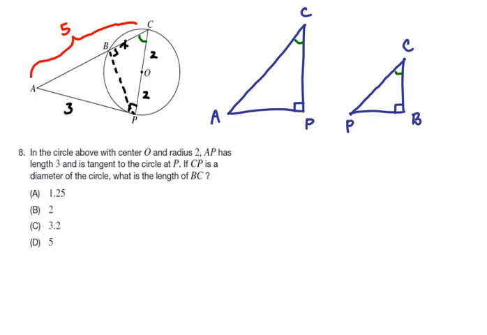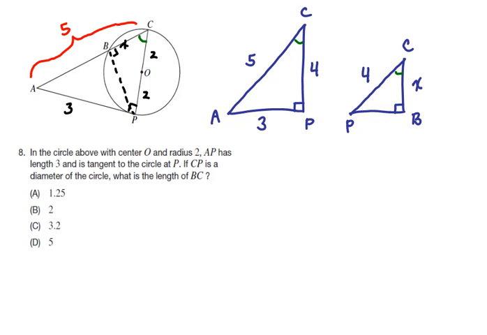The hypotenuse of the large triangle has a length 5, and the hypotenuse of the small triangle has a length 4. Side BC has a length x, and side CP has a length 4. Side AP has a length 3.